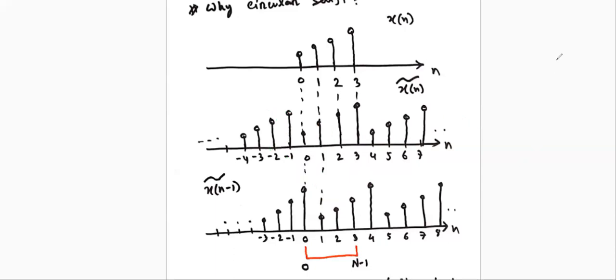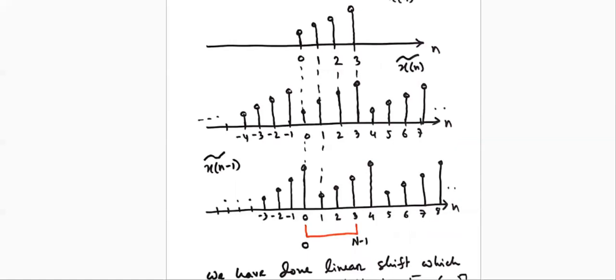So we have mentioned in the earlier section that if this is x0, x1, x2, x3, for example, they will be shifting like this. Okay, so that is the concept of the circular shifting.